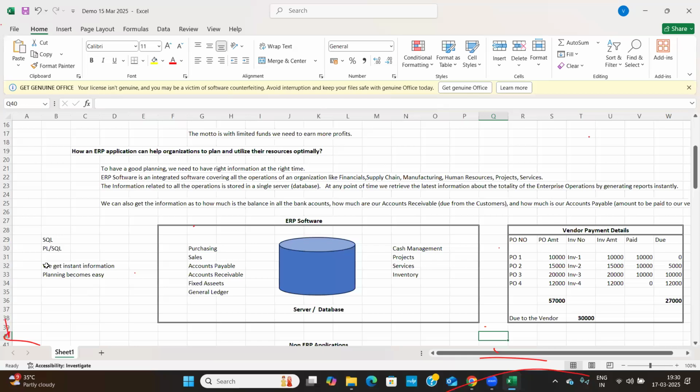We get the instant information, the latest up-to-date information, because the system automatically posts it. Most of the things can be automated. In ERP, most of the things are automated.